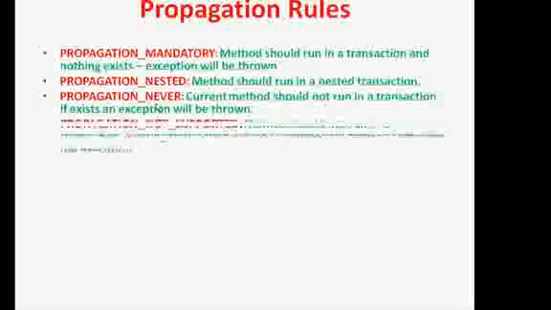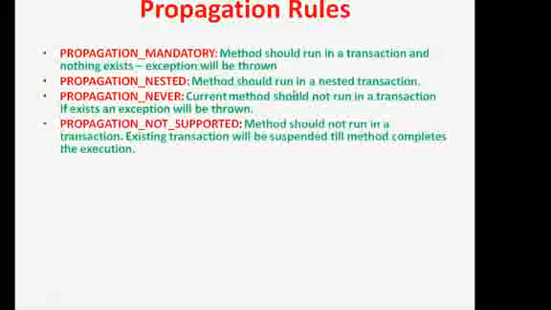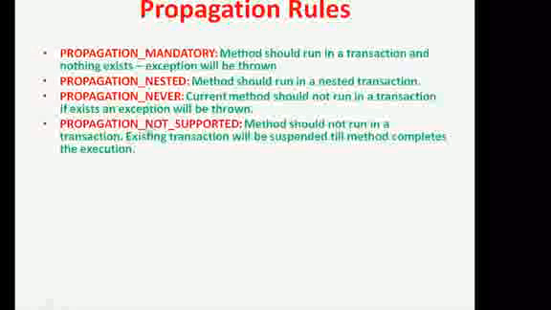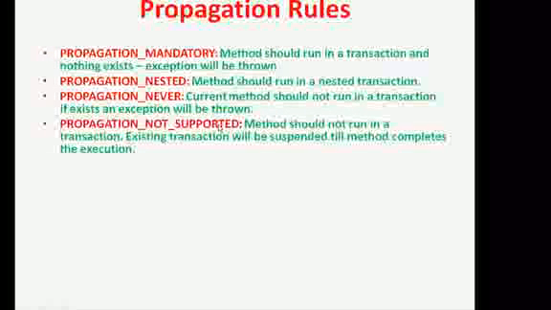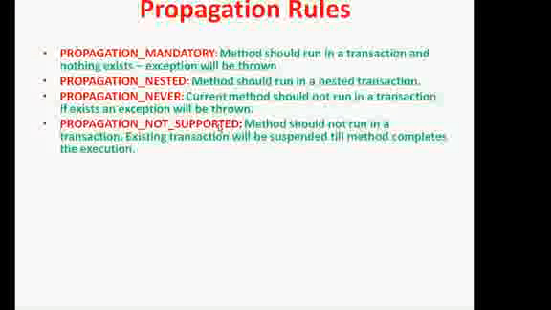Then comes propagation not supported. You can see in the name itself it is slightly compromising, like it's just going soft on the rules: not supported. So the method should not run in a transaction, but if a transaction already exists, it will be suspended until this method executes.